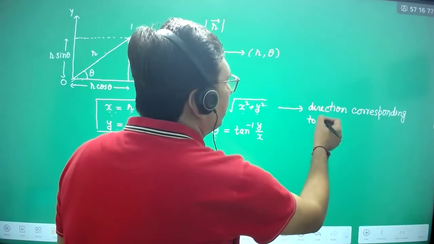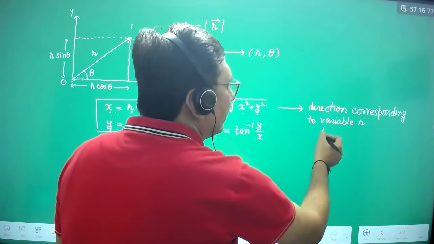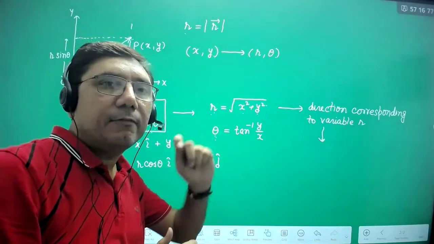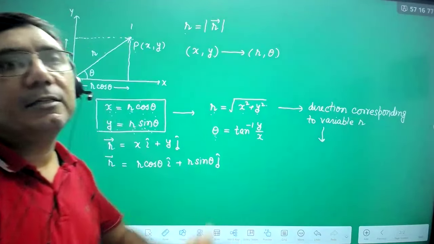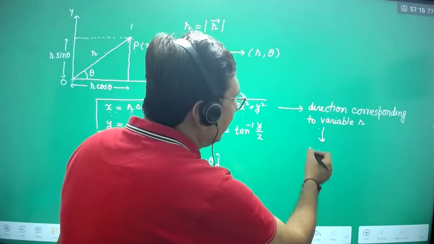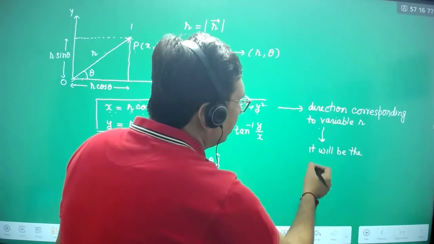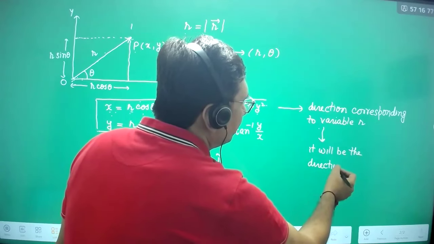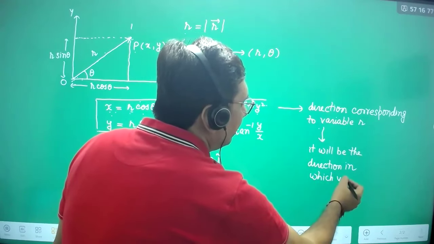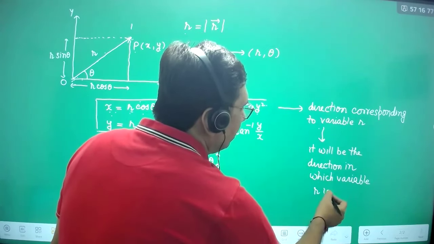That direction will be the direction in which this variable r is increasing.